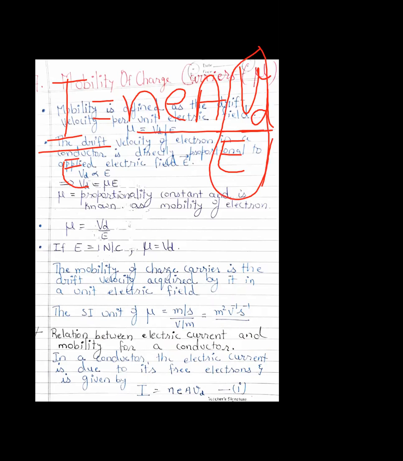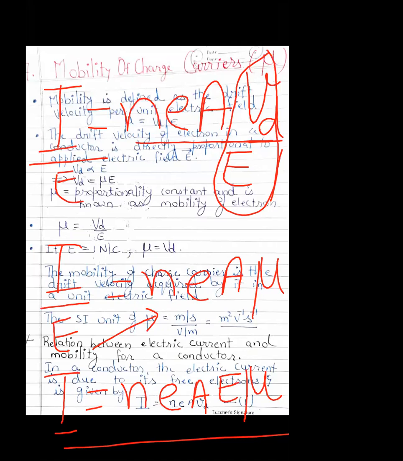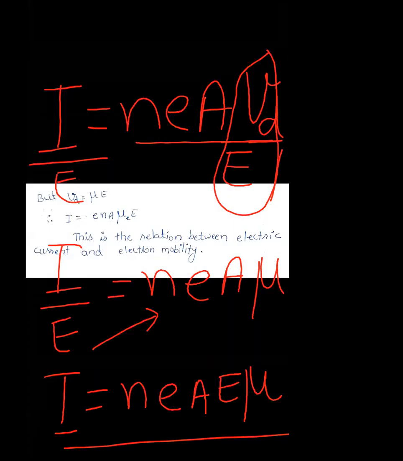So I by E equals neA mu. Now E can go to the other side, so I equals neAE mu. This is the relation between current I and mobility mu, right? You can see it over here.